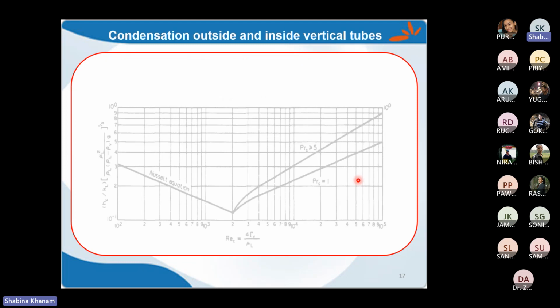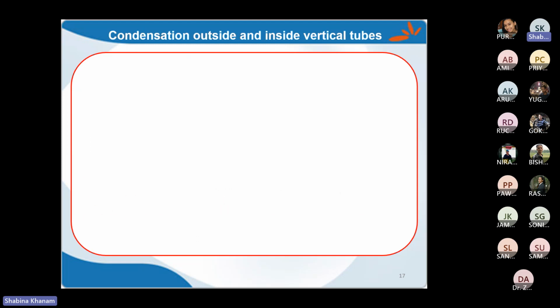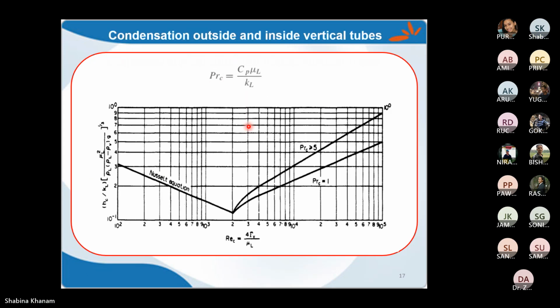However, you can calculate the heat transfer coefficient using this graph also. And here if you see, this is the Nusselt equation, which is nothing but this equation, for vertical tubes.